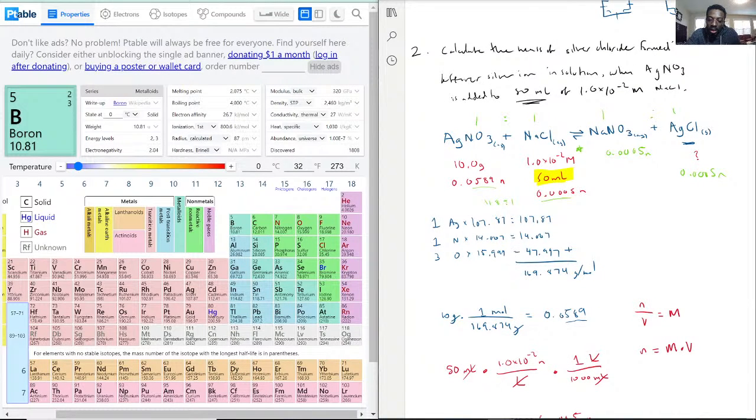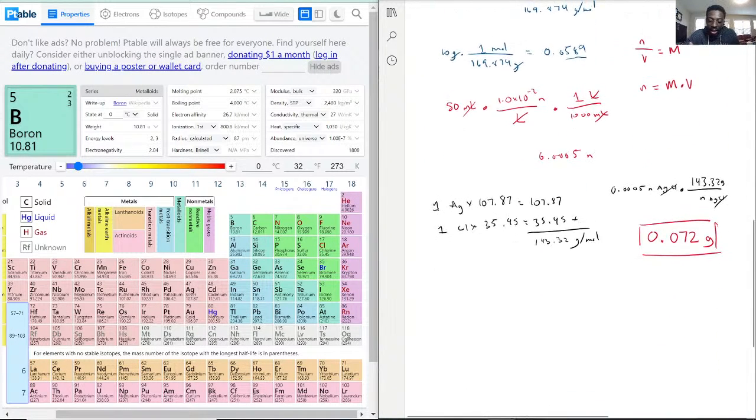And to find out the leftover moles, all we're really doing is subtracting the 0.0005 that formed from what we started with, the 0.0589. If we subtract 0.0005, our leftover silver barely changes. It's just 0.0583.